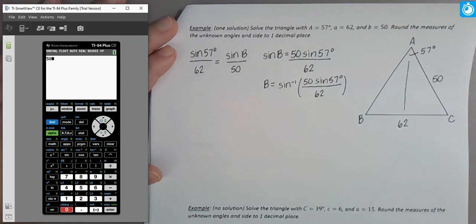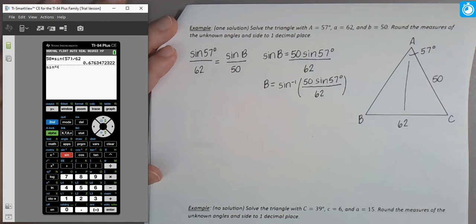So 50 times the sine of 57 degrees, and we're dividing that by 62. Okay, so that is now the number in parentheses, and you don't need to write it down, you can keep working. We're now taking the inverse sine of that value. So inverse sine, right above sine in blue, so second and sine, inverse sine. And we're plugging in this previous value into the inverse sine.